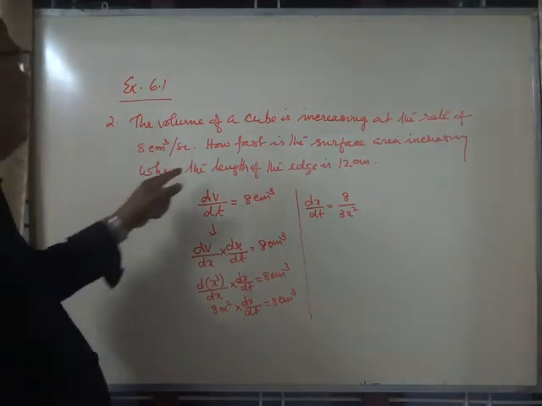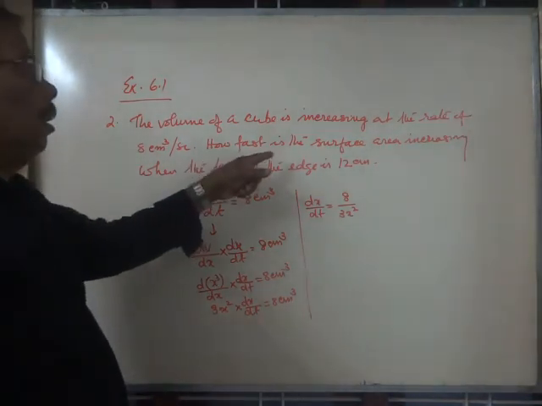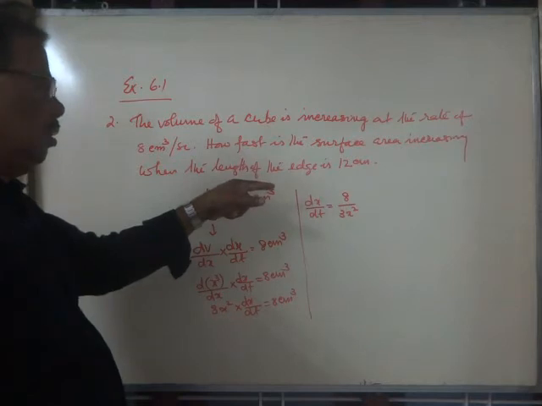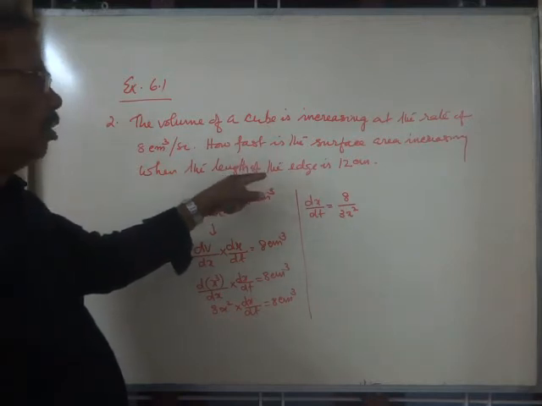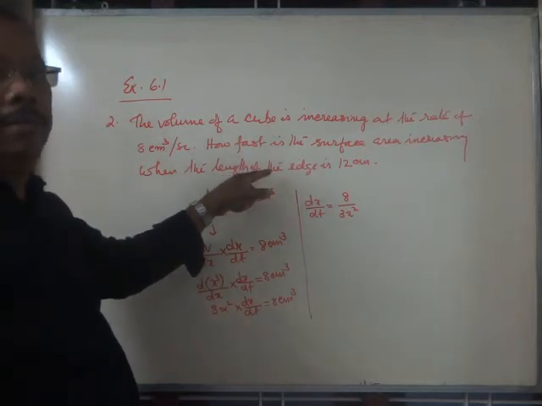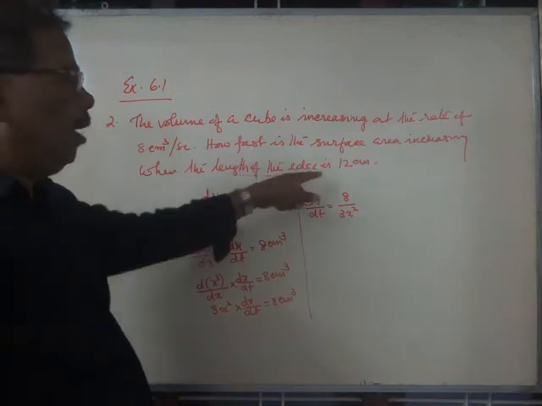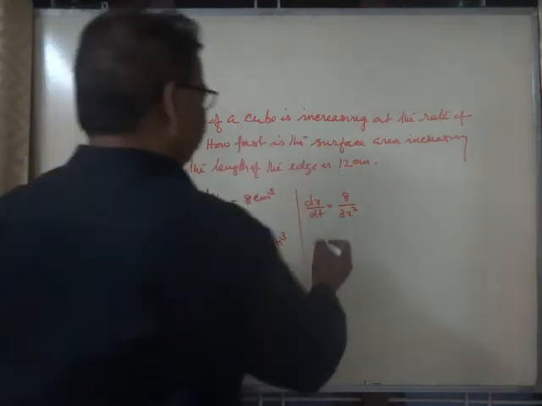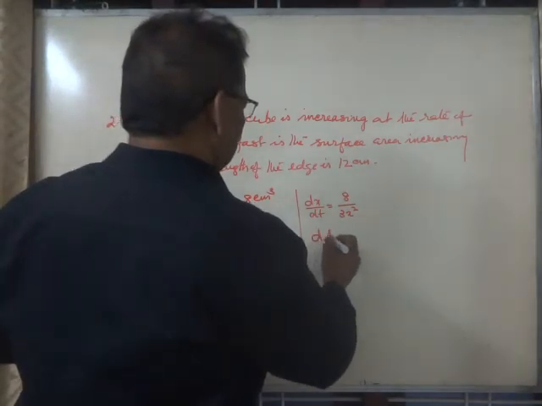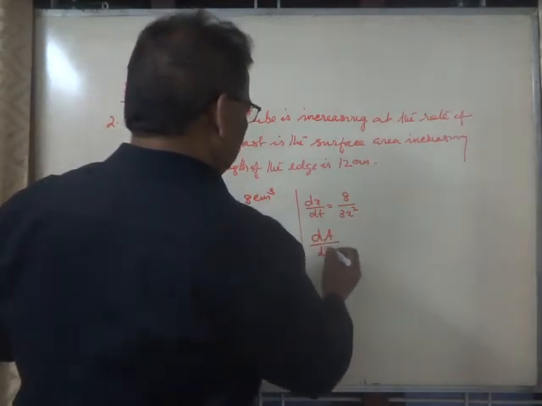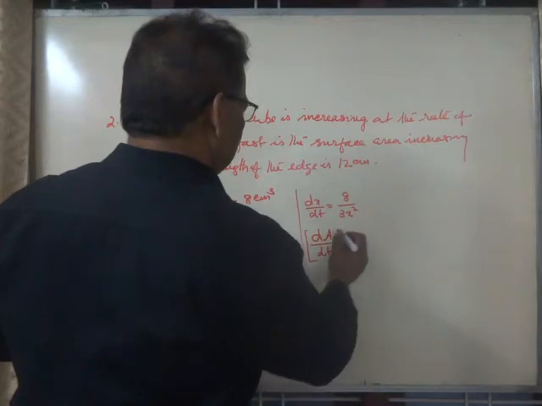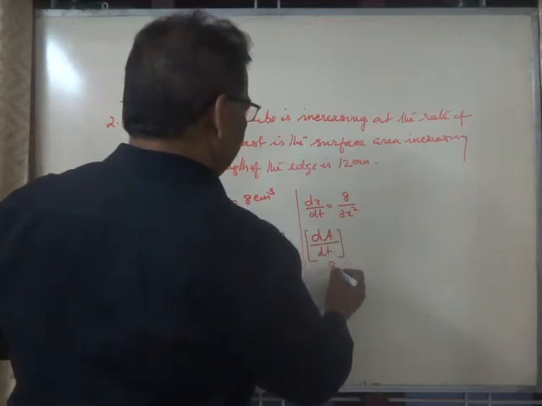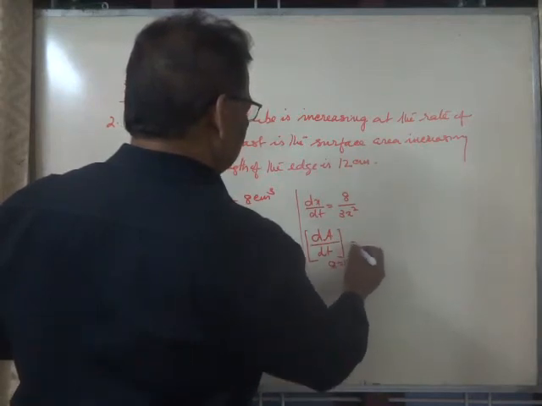Now we are asked to find out the rate of change of surface area with respect to time when the side length is 12 centimeter. dA by dt at x equals 12.